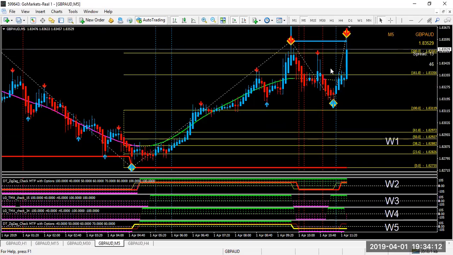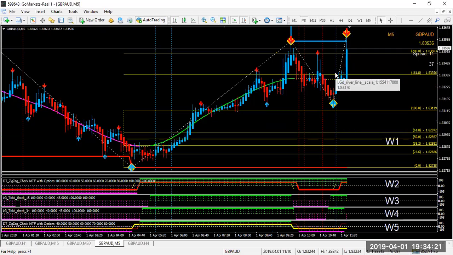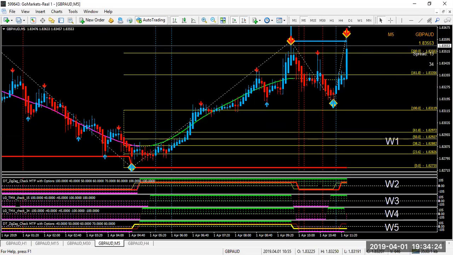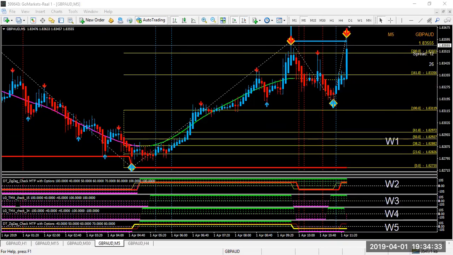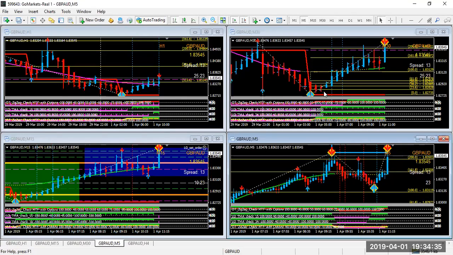Price is coming from a low. This is shading from M30, which was up. And that little move helped the M30 get its diamond. Remember, it didn't complete it, but that was confirmed.